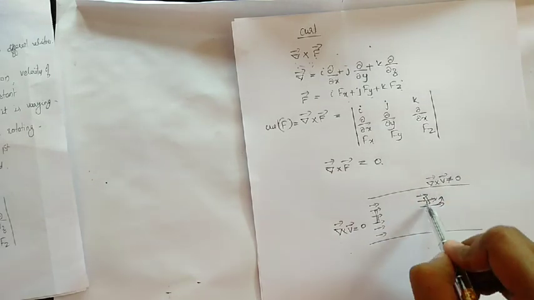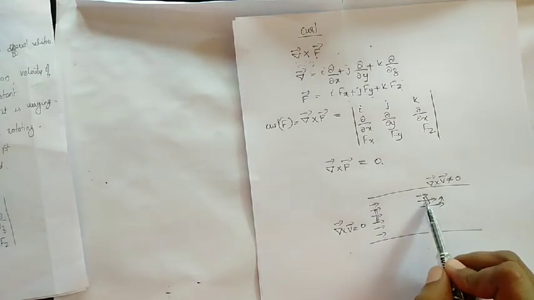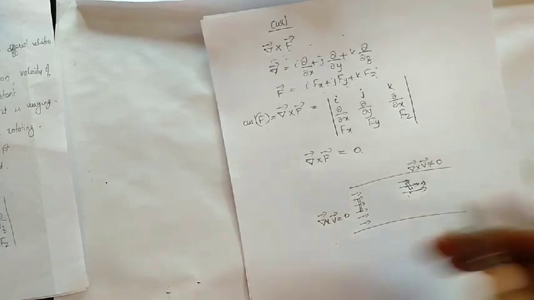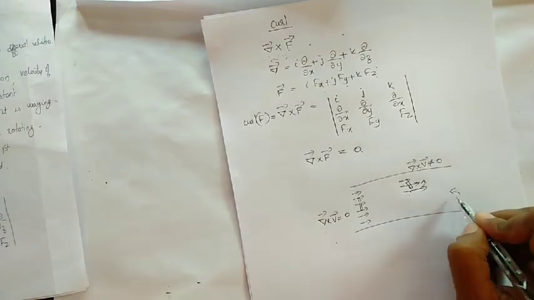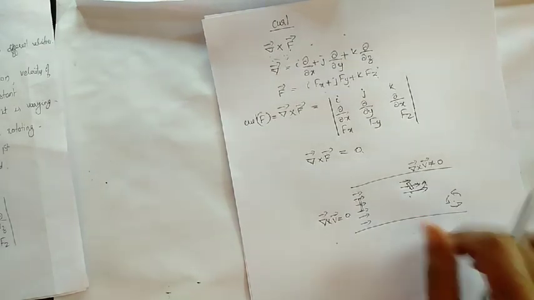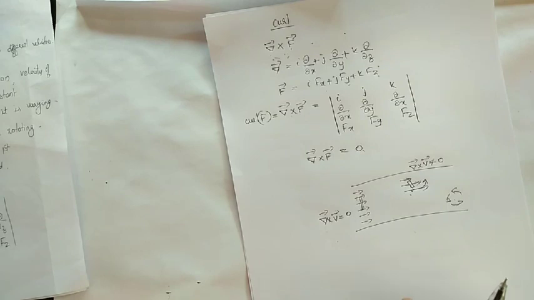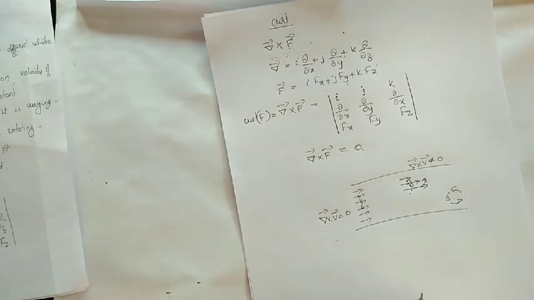That is, the velocity field here is rotational. A whirlpool is an example. Another one, rotation can be indicated by this direction also. So this is the concept of curl, and the direction of curl is given by the right hand rule.